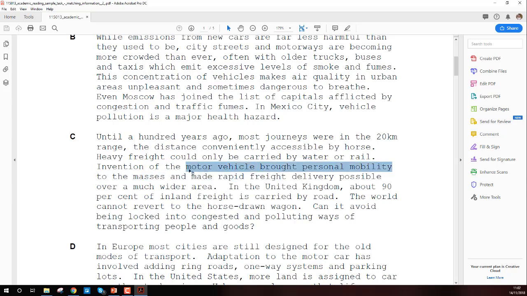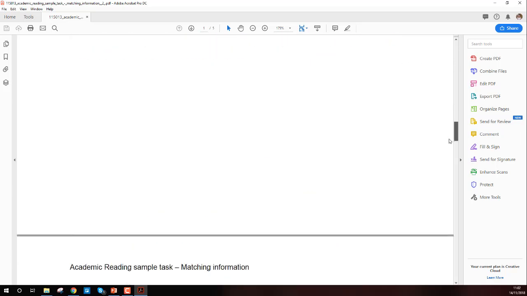So invention of the motor vehicle brought personal mobility to the masses and made rapid freight delivery possible over a much wider area. Okay, so it's talking about past and present, 100 years ago, talking about horse-drawn carriage, so I'm happy enough to put that one as C. Let's look at the next one.